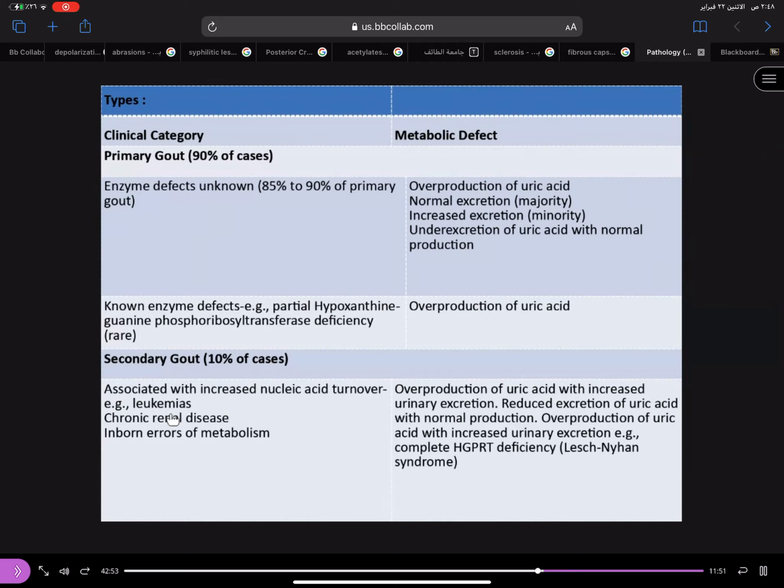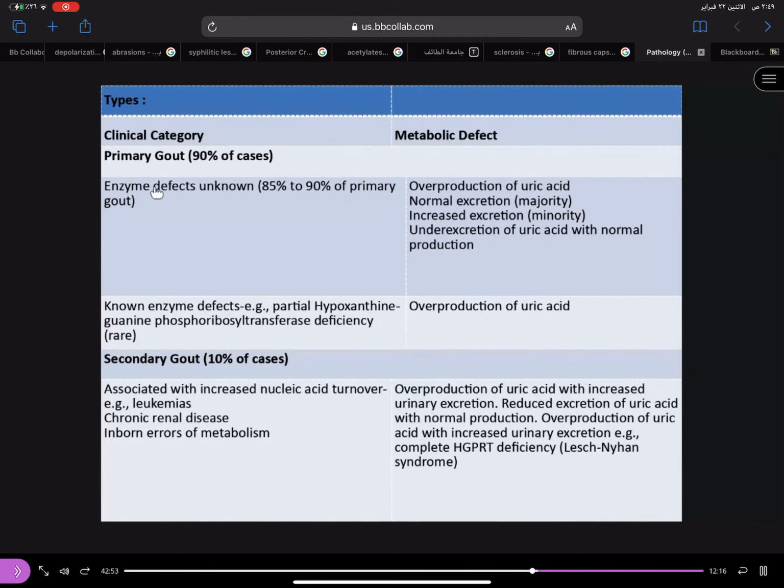So whenever there is increased turnover of nucleic acid, the uric acid will be increased. Okay, inborn error of metabolism can lead to more uric acid, and renal disease. In this case, whatever uric acid is formed is not excreted.